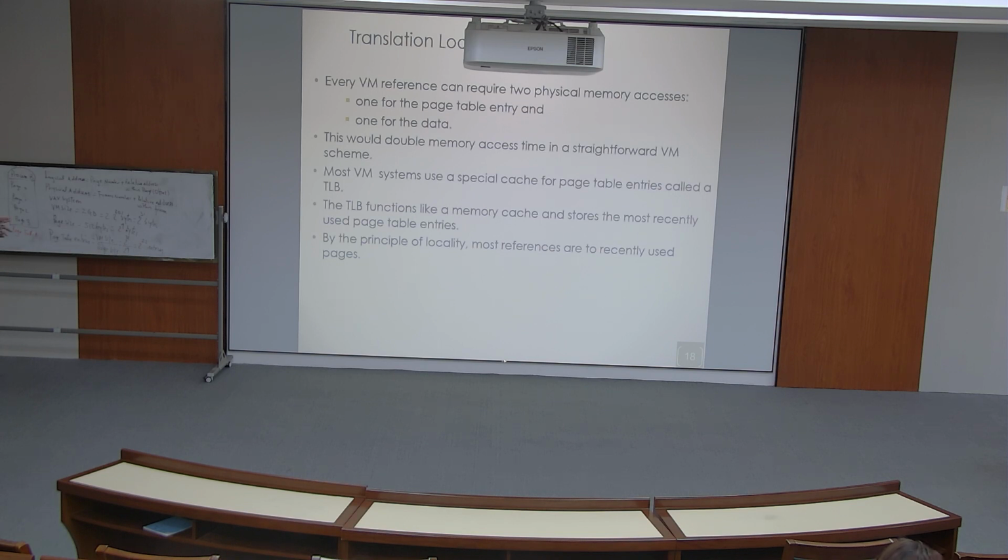So we have this translation look aside buffer to store the most recently used page table entries, to avoid the central processing unit going through the main memory many times. Now, by the principle of locality that we have learned, most of the references are to recently used pages.